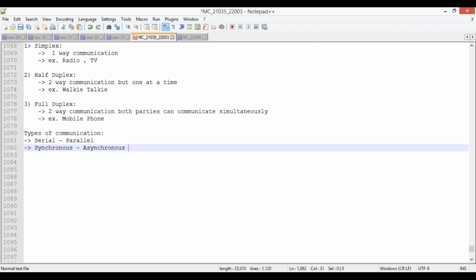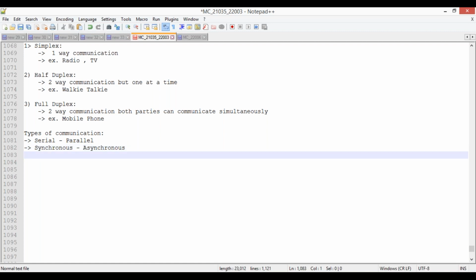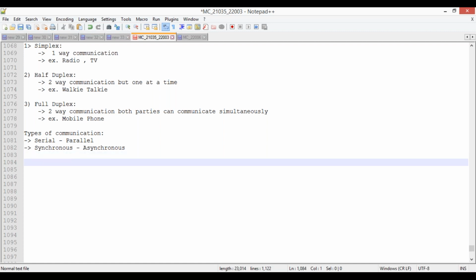Okay, fine. So serial, parallel communication, synchronous or asynchronous communication, and even wired and wireless communication. But people, I will not pick that category because whatever protocols we are going to learn here are all wired protocols, no wireless protocols. So these types you need.